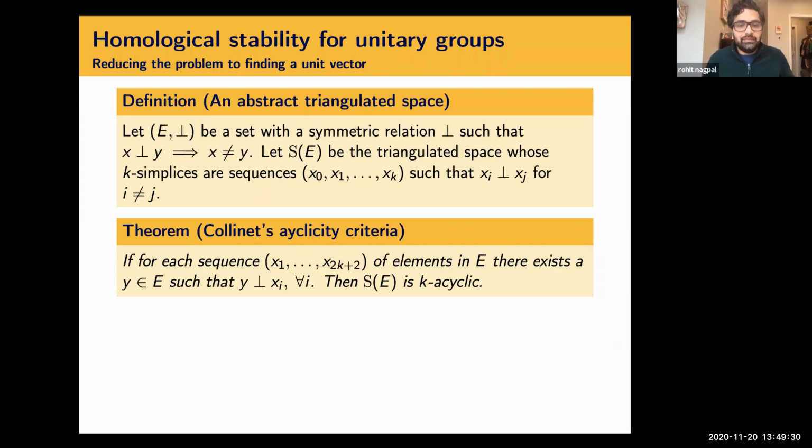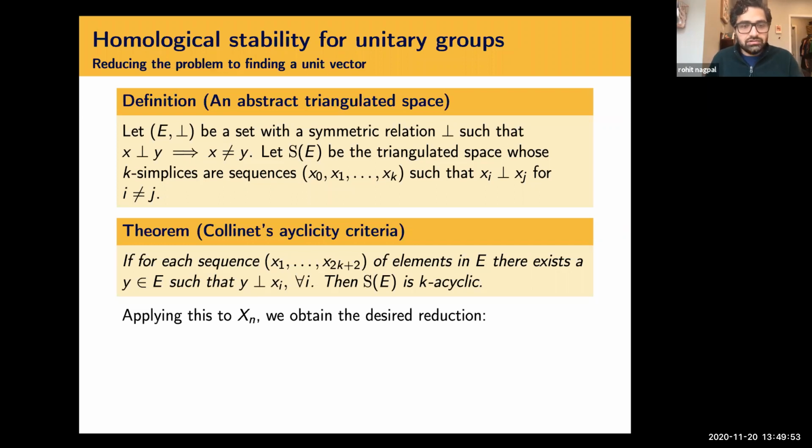And let me point out that for Nakaoka's theorem, the complex that we constructed, the Farmer's complex, you can pretty easily prove this. If you have 2k plus 2 mutually distinct elements, you can take y to be a number distinct from all of them, and so we get the high acyclicity of that complex, right?